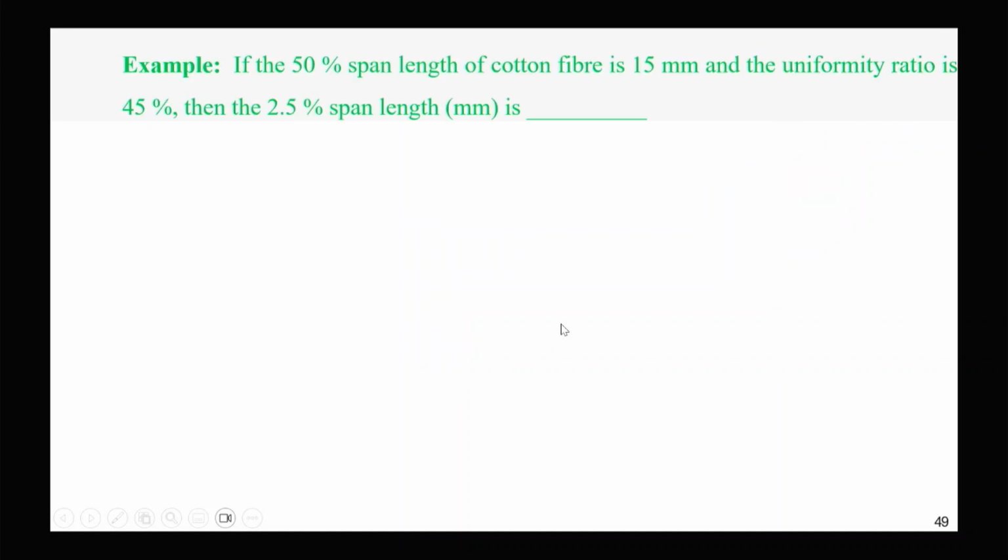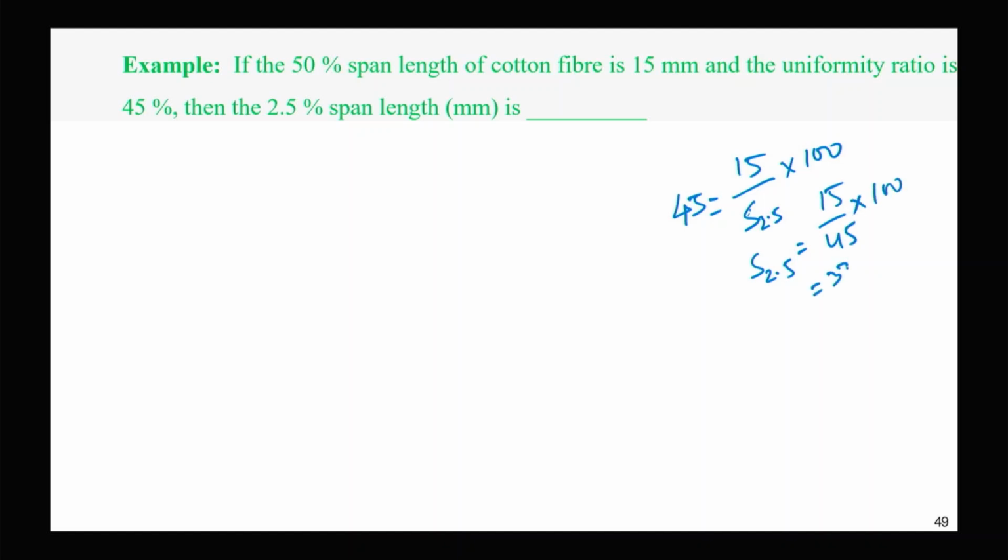Another similar numerical: the 50% span length is given, and the uniformity ratio is given. So the uniformity ratio is 45%, and it is 15 by S 2.5 multiplied by 100. S 2.5 equals 15 by 45.